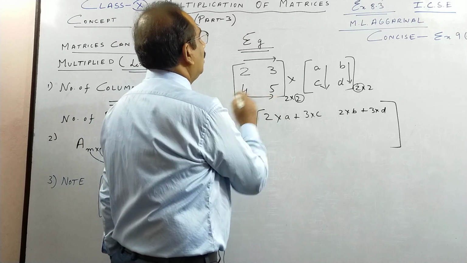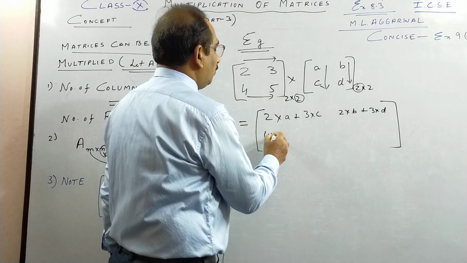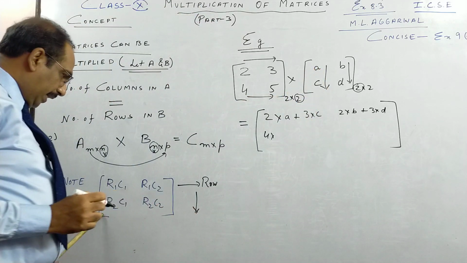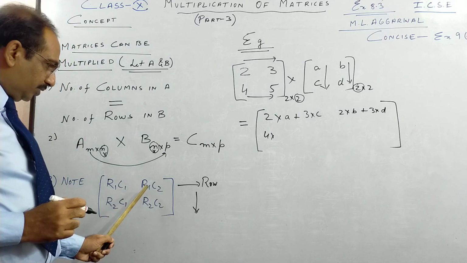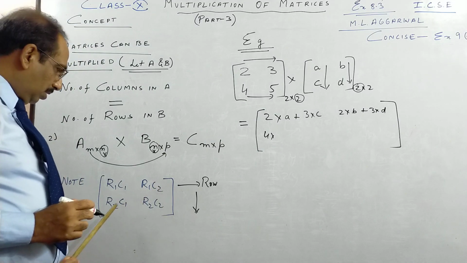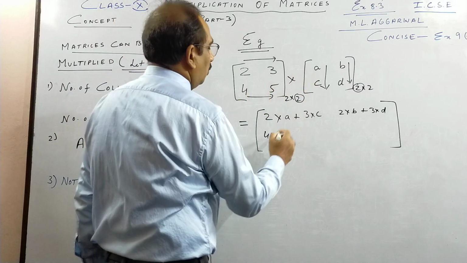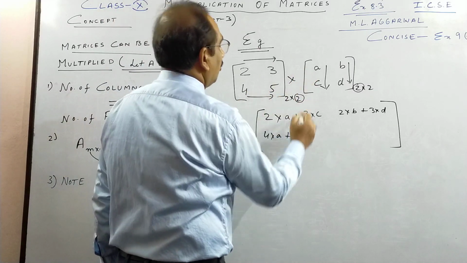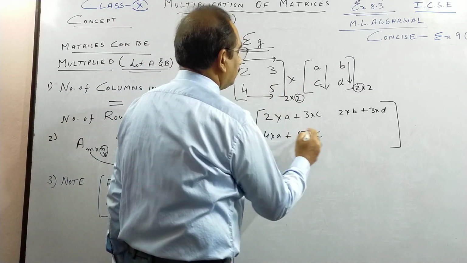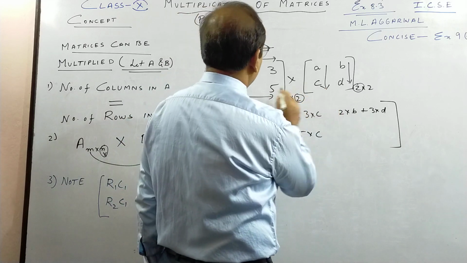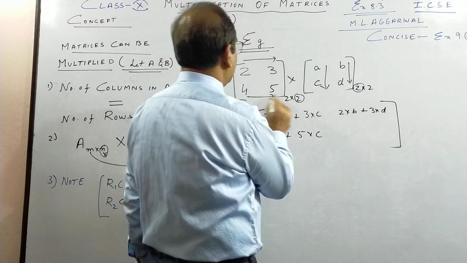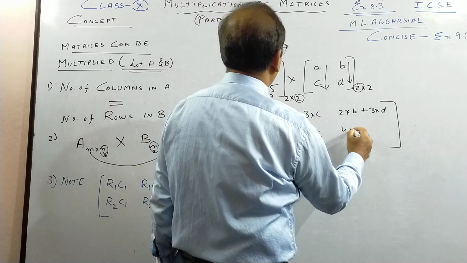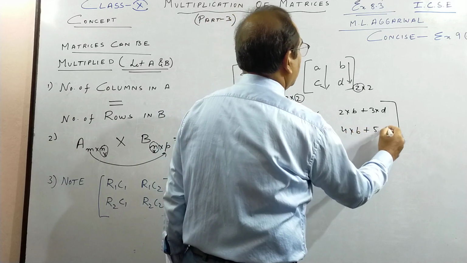Next we come to the second row with first column: 4A plus 5C. The next one is the second row with second column: 4B plus 5D.